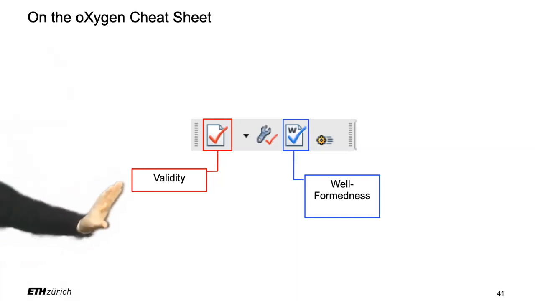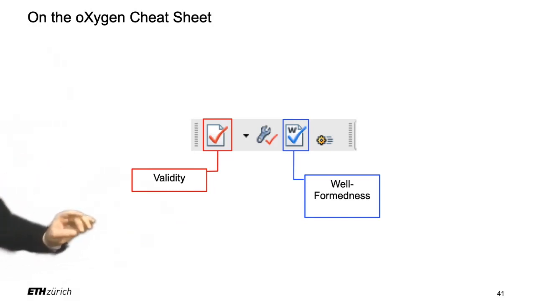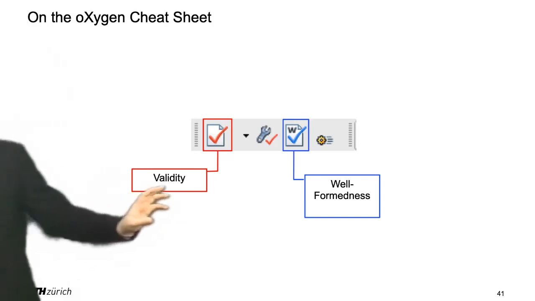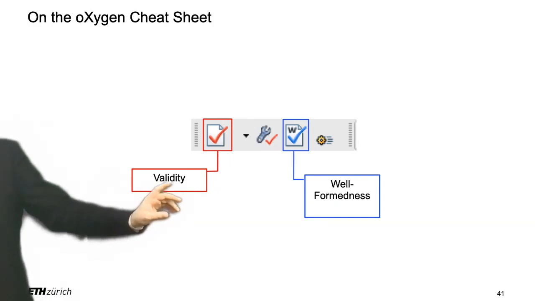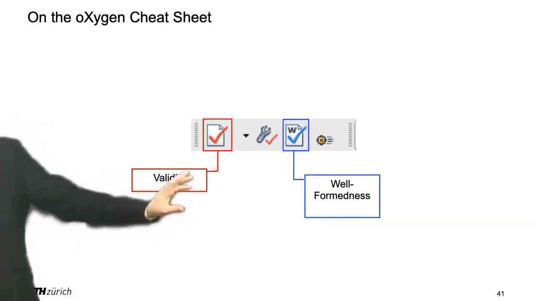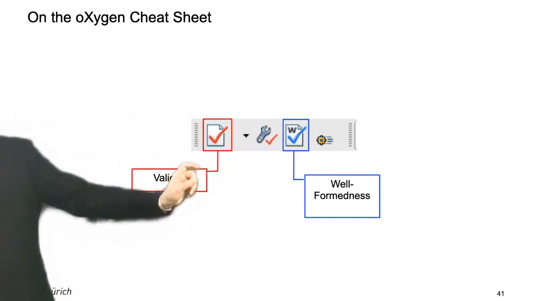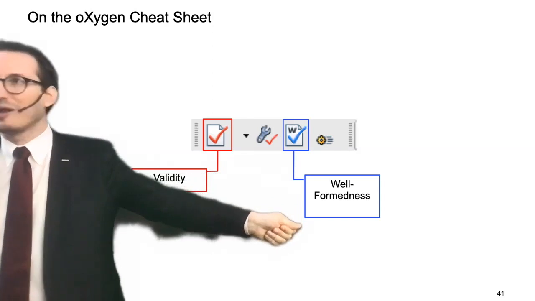In Oxygen, who downloaded Oxygen? Some of you, okay, great. They did it extra for us, right? The Oxygen license is really super useful even for future projects if you want to go through JSON or XML documents and some others. In Oxygen, you have 2 magic buttons. It changes in every version, right? But basically, the blue color is for well-formedness.